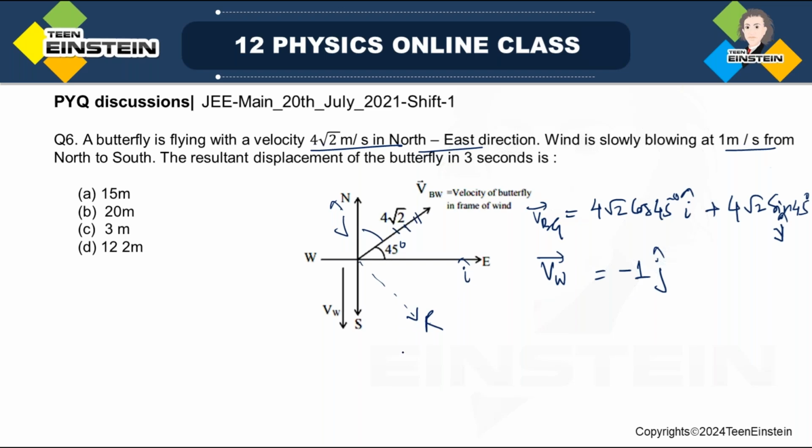Let us find out the v resultant. Resultant vector will be VBG plus V wind.